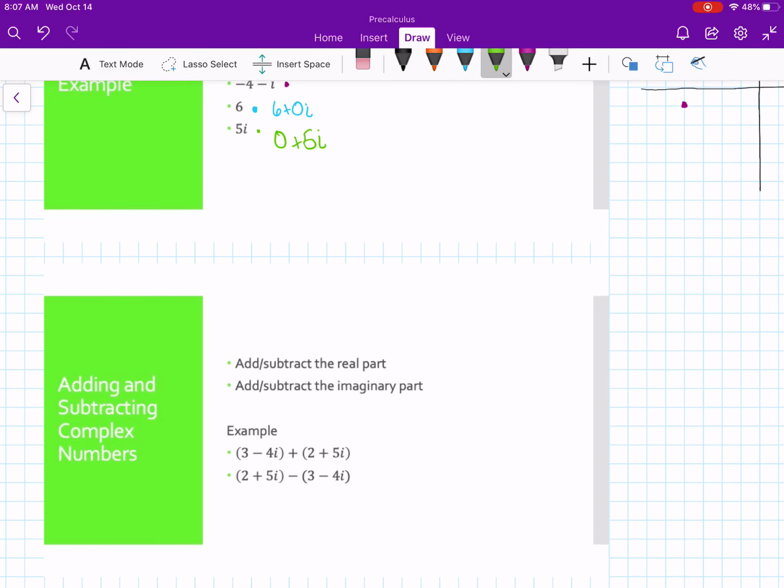Adding and subtracting complex numbers, what you're going to do is put the real parts together, and put the imaginary parts together. So in this case, the real parts are 3 and 2, so 3 plus 2 is 5. And the imaginary part is -4i plus 5i, which is just plus 1i.